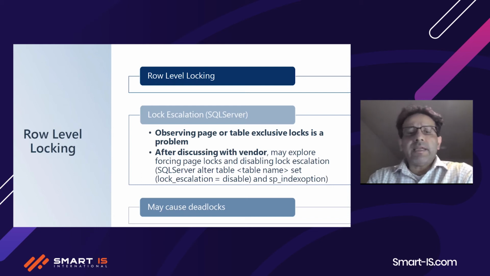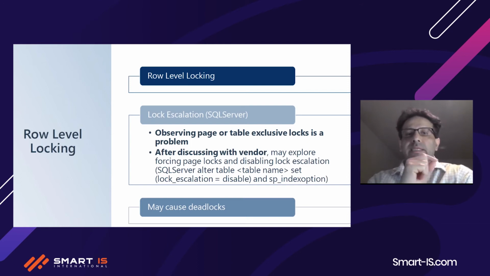Things have improved quite a bit on the SQL Server side. By this time in 2020, we have a snapshot isolation level in SQL Server, and the majority of the time SQL Server is also locking rows only, not pages. But this concept of lock escalation does exist in SQL Server.